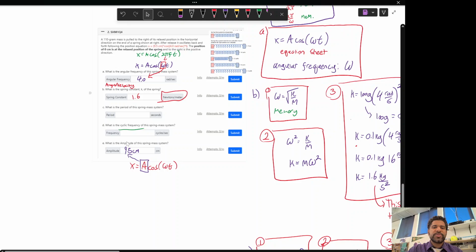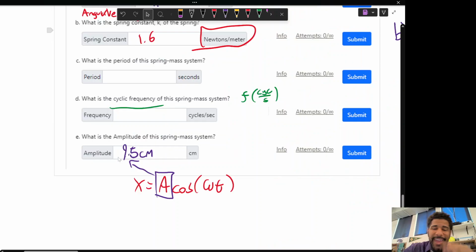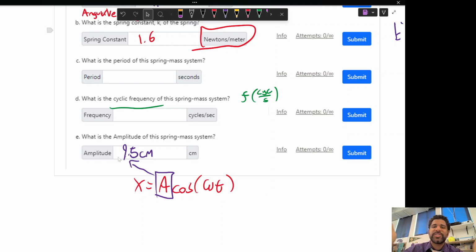It's not angular. It's cyclical. Cycles. What's the amplitude? Amplitude is the maximum displacement. Amplitude is the maximum. Amplitude is the extrema. So many synonyms. I'm sick of it. I'm cyclical of it.